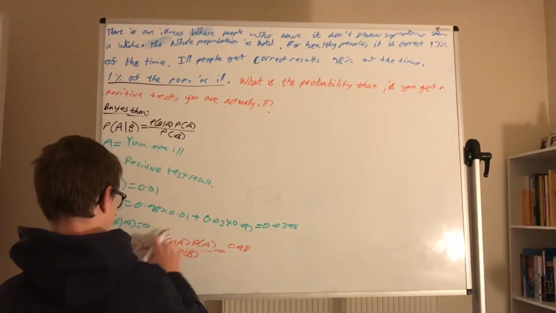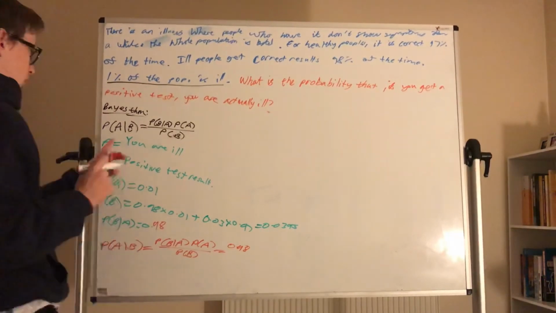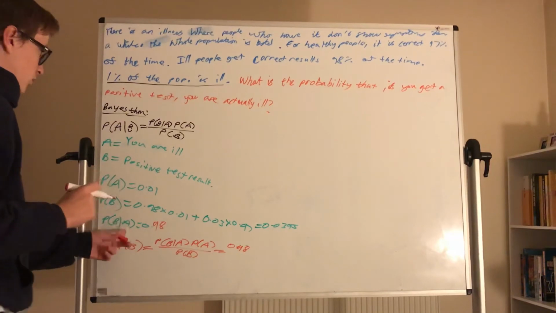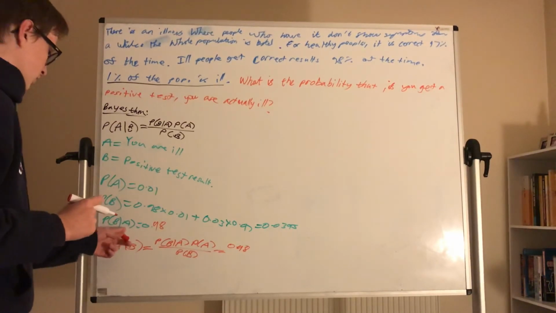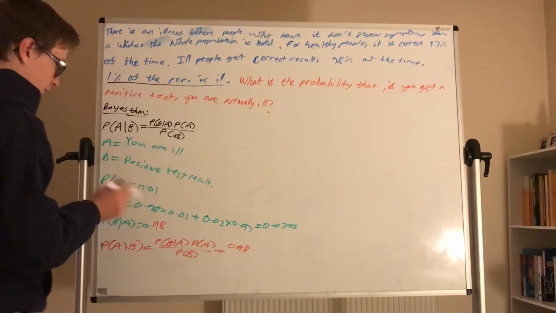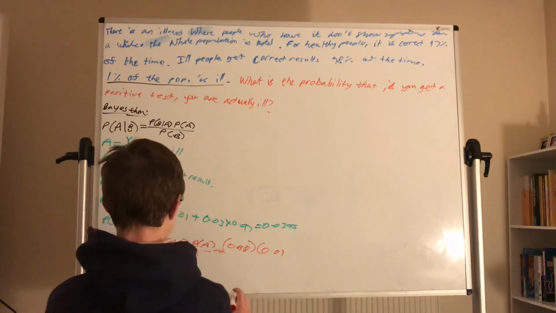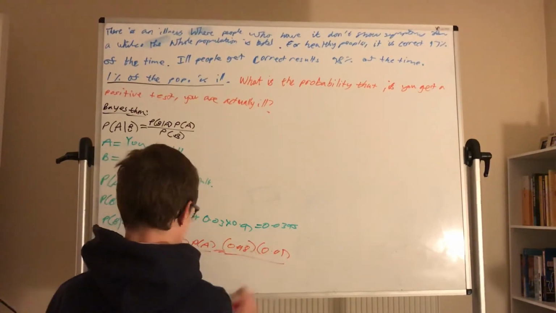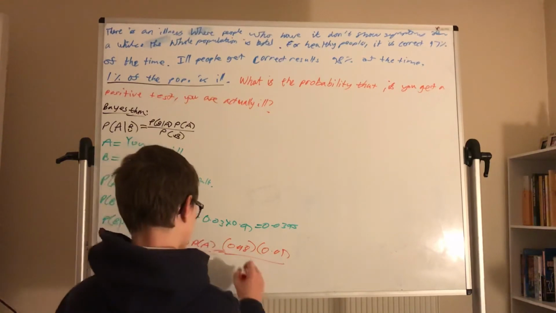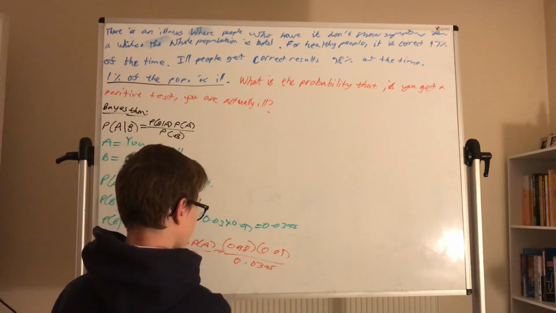Sorry, I'm not sure why I put a 0 there. 0.98 because, given that you're ill, 98% of the time, yeah, 0.98, times 0.01, which is the probability that you're ill, over this 0.0395.